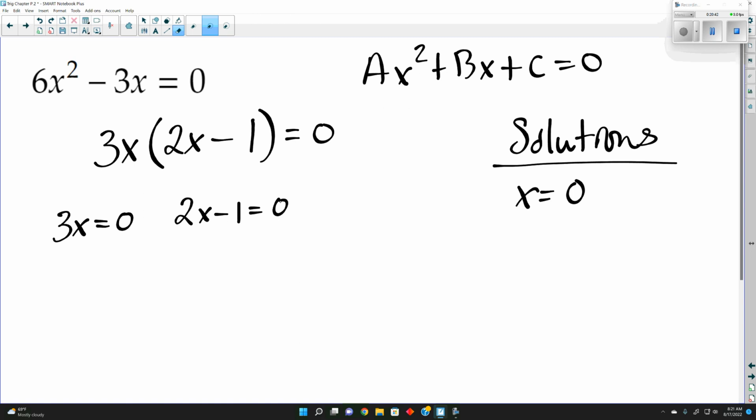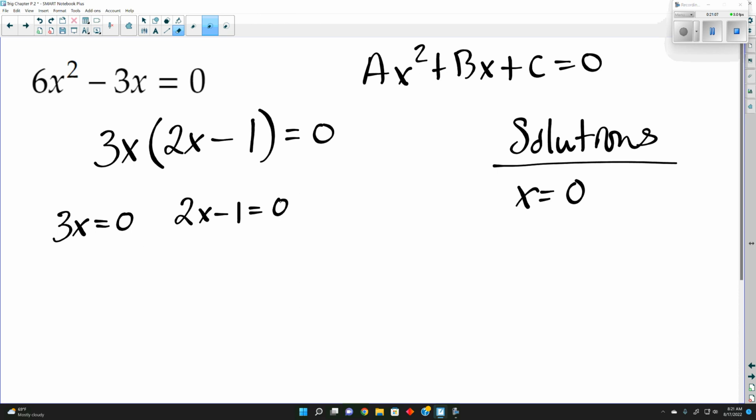The main way you would probably go about solving 3x equals 0 is divide both sides by 3 and see that x is 0, yes? But how did we get to these two equations? We said that any two things multiplied together to equal 0 means one of them has to be 0, yes?